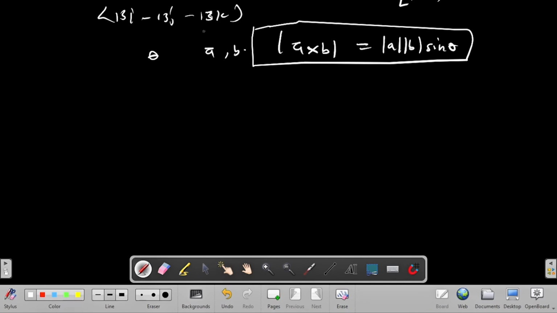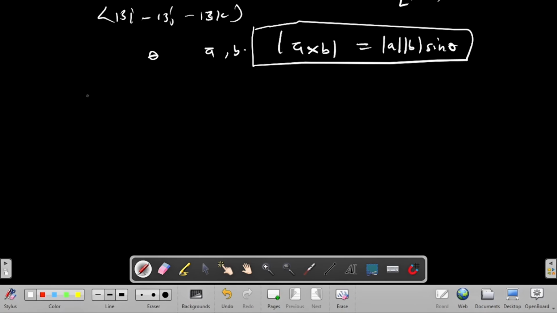Sine 180 is 0, right? So if two vectors are parallel, you can also find sine 0. Sine 0 is also 0, because either you say 180 or the angle between them is actually 0. As simple as that. So it's simply 0. Let's take note of it.